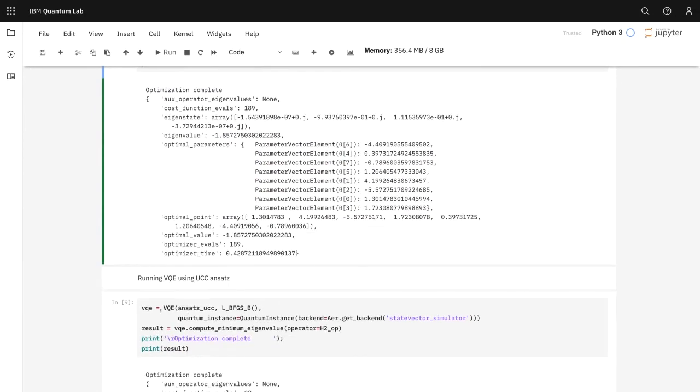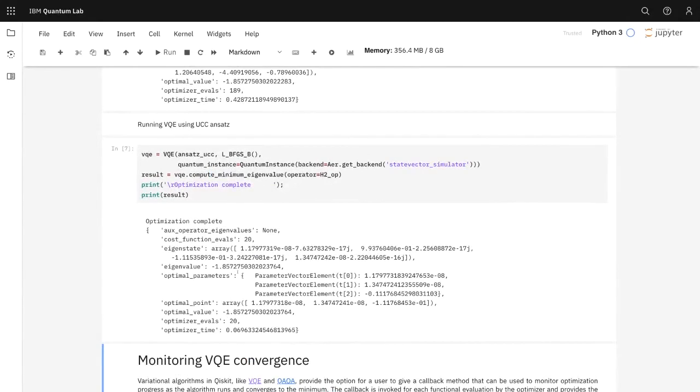We can do something similar with the unitary coupled cluster. So instead of hardware-efficient, we pass this UCC Ansatz and the same simulator, same qubit Hamiltonian.